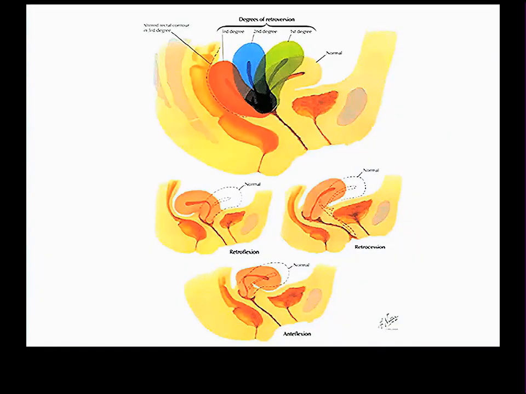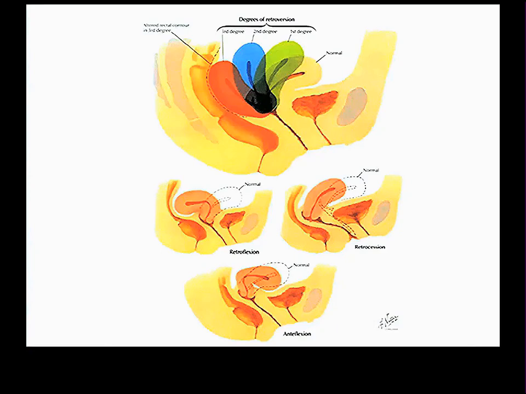I know Dr. Larson went into a discussion of the difference between retroflexion of the uterus and retroversion of the uterus. The version angle is the angle between the vagina and the cervix, and the flexion angle is the angle between the cervix and the body of the uterus.